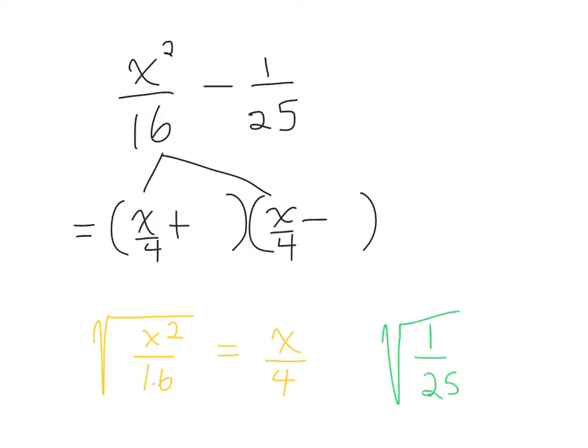So what do I do? Square root of my numerator, 1, is 1. Square root of my denominator, 25, is 5. So there I've got it, 1/5. So now I'm going to put in 1/5 and 1/5. Done. Complete.